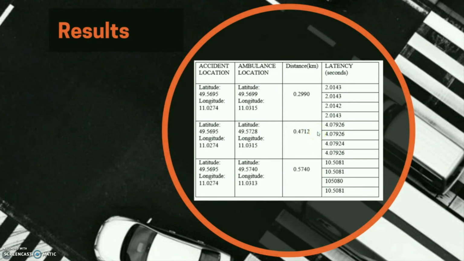The latency that we got in this case was around 4.07 seconds. The last case was the distance between the accident spot and the ambulance was more than 570 meters, and we got the latency of 10.5 seconds.